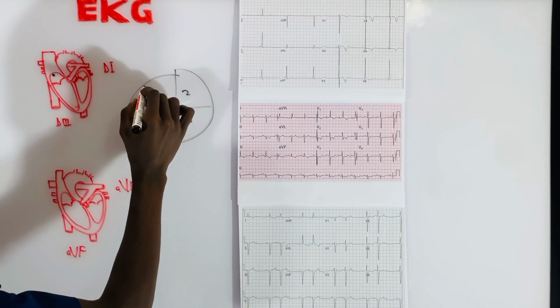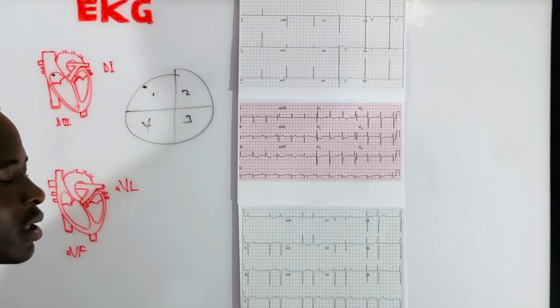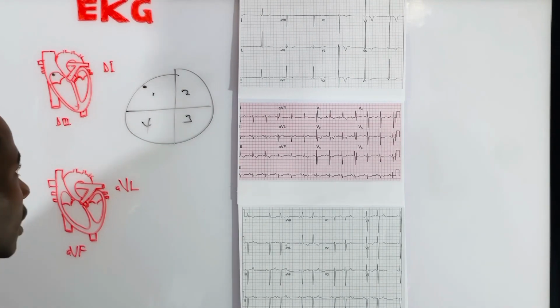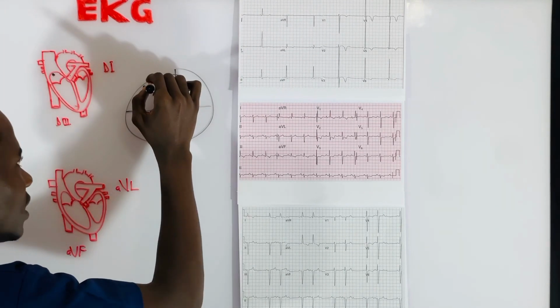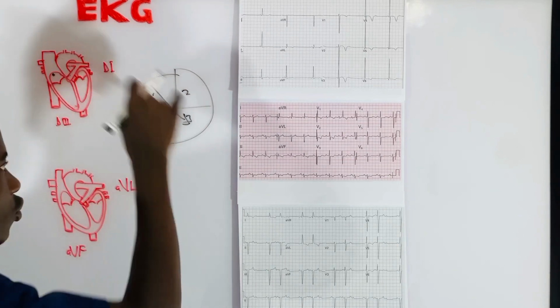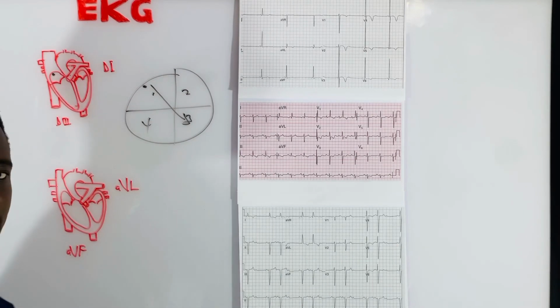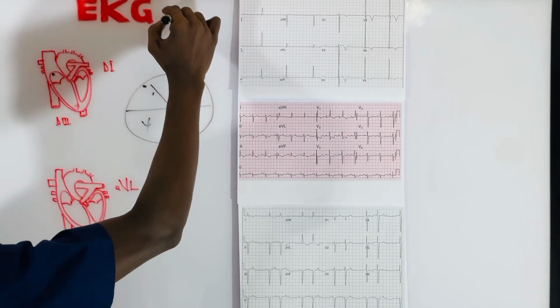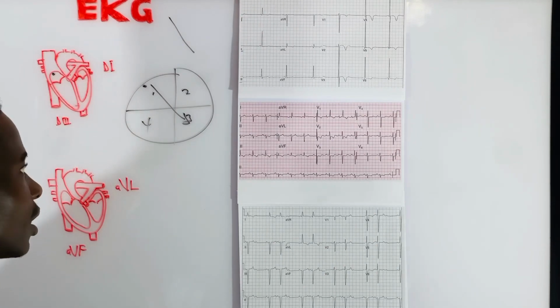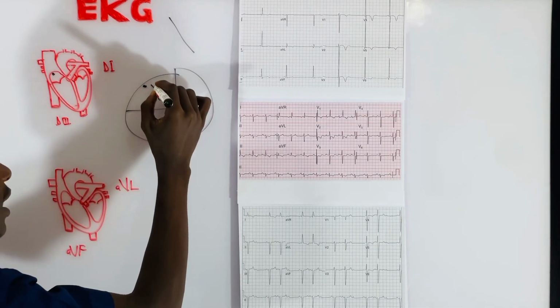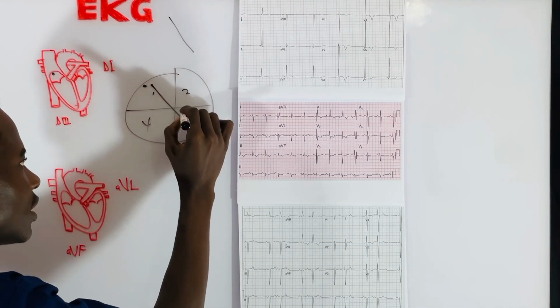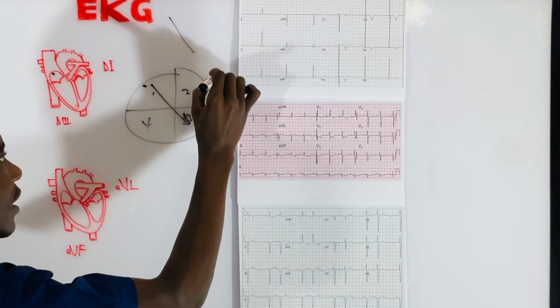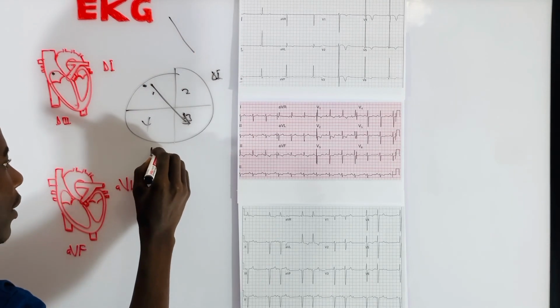This side will be where we generate our action potential, and then the vector being generated will be transmitted to the third quadrant according to the position of the heart. The heart is positioned in a diagonal way. Do you understand? Now, when there's movement of the vector to this place, we have our D1 here and we have our D3 over here.